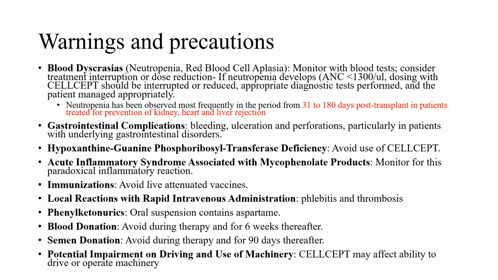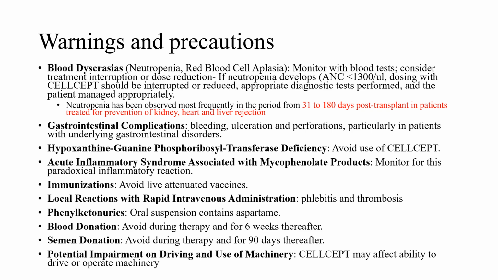Another important thing is that patients with hypoxanthine guanine phosphoribosyl transferase deficiency, like those with Lesch-Nyhan syndrome, should not be given mycophenolate mofetil, because that will result in increased uric acid production in the body, and the patient can present with gout.